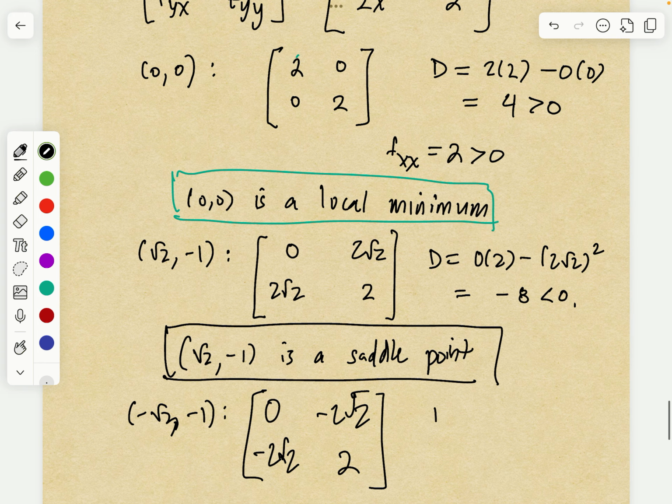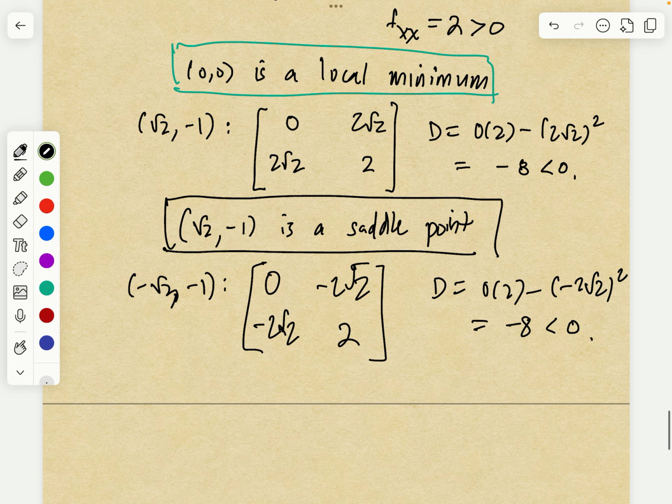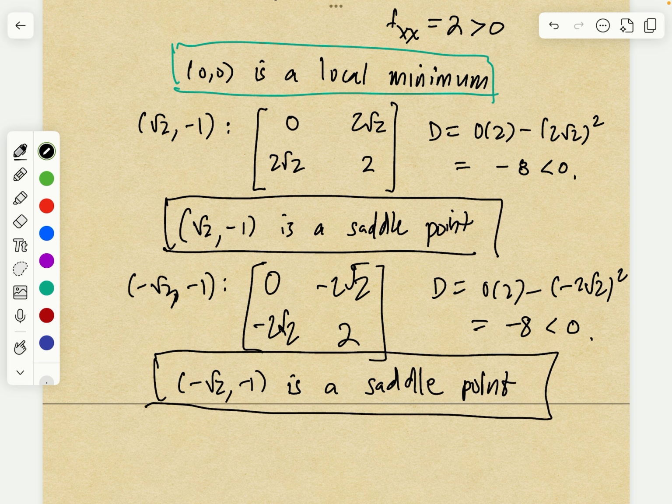And again, D is equal to 0 times 2 minus negative 2 root 2 squared, and that's going to be negative 8, which is negative. And so this is a saddle point. And that's the answer. We found the critical points and we used the second derivative test to classify them.